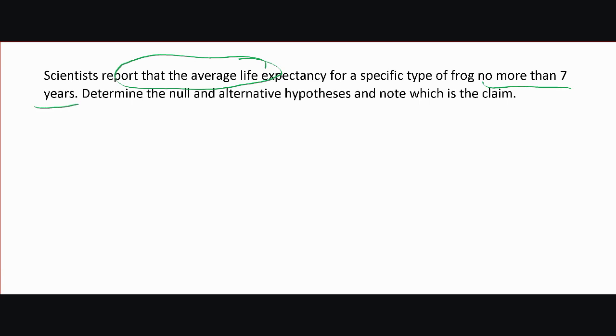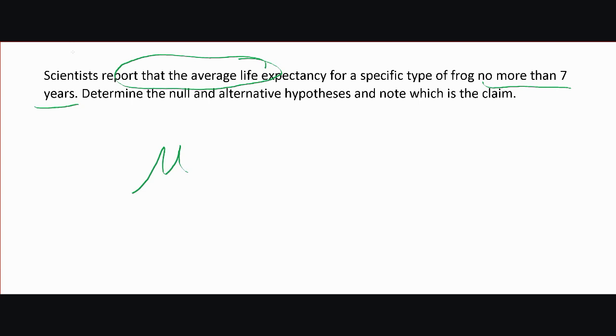What does that mean? All right, let's think about what that means before we even identify what hypotheses we're talking about. What we're saying is the average, which we're going to represent with this Greek letter mu, is no more than 7. Does that mean it could be 7? Sure. It just can't be 8 or 9 or 10 or 7.1 or 7.001. It can't be any bigger than 7.